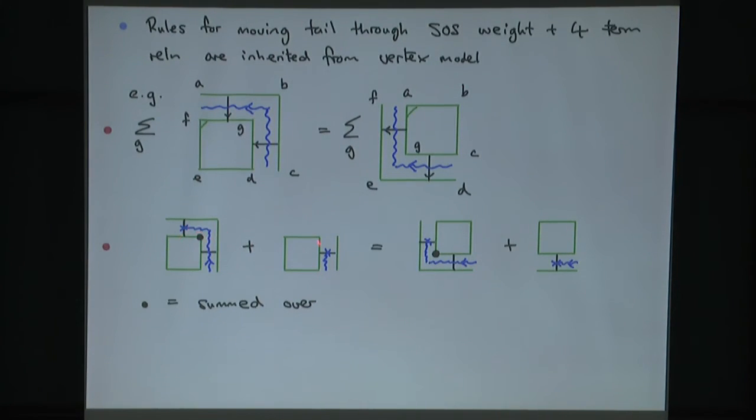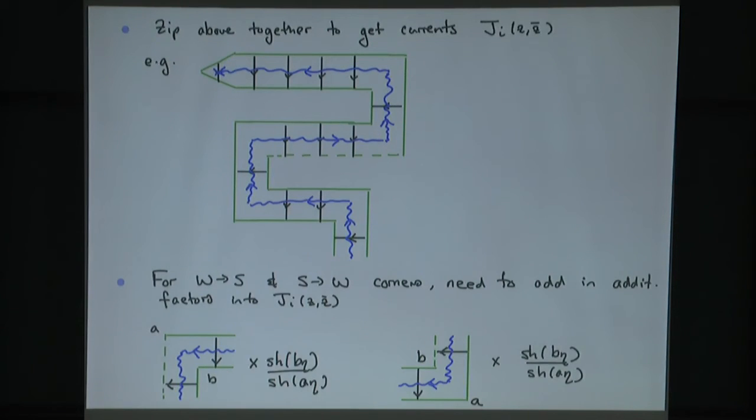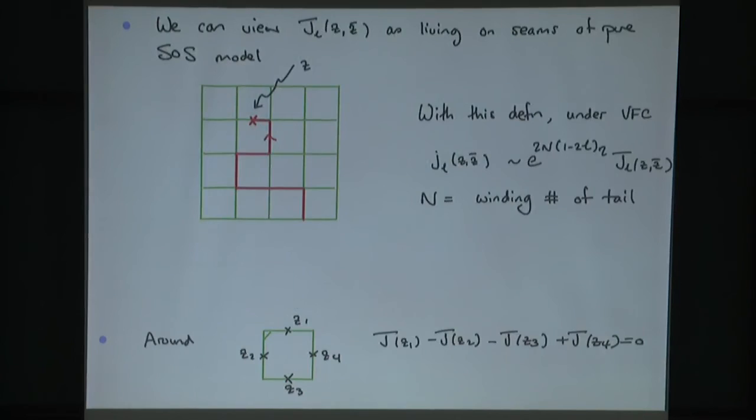So there's a 4-term relation around SOS weights that looks like this. This is the analog of my current 4-term current relation. Okay, this is all getting a bit technical, but the point is I can view these JLs, these currents with these insertions, as living on the seams of the SOS model.